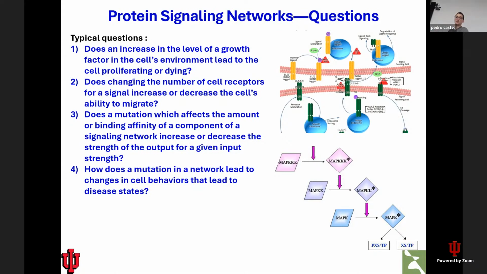So let's say your cell is responding to an external signal. If that signal increases, what does that cell do? Does that cell undergo apoptosis? Does it change its behavior somehow? Does it change the cell's ability to migrate?